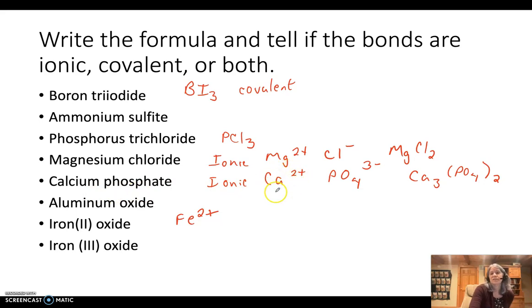It's in group 2, and it's always +2, where iron can be either iron 2, or as in this next example here, it can be iron 3. Oxide is always 2-, right? So iron 2 oxide is going to have this formula here, FeO, so that the charges balance, and iron 3 oxide is going to have this formula here, Fe2O3, to make the charges balance.